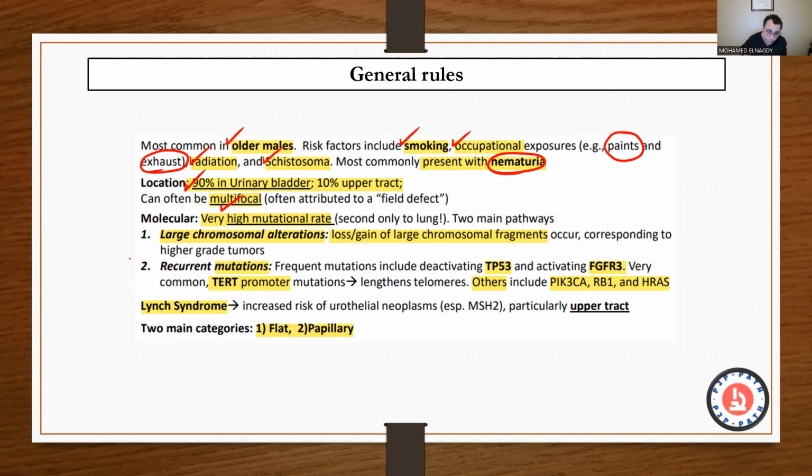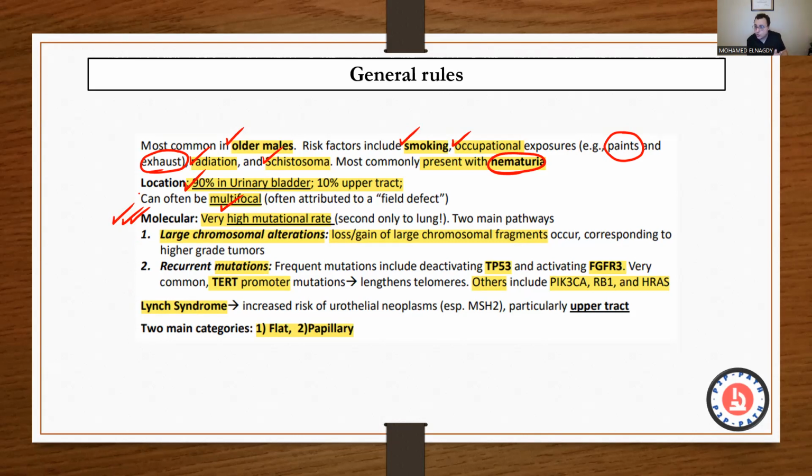It's usually multifactorial. However, there is a high mutation rate. There is always a mutation in bladder cancer and urothelial carcinoma. If we enumerate how many oncogenes are involved, you might enumerate everything you know.